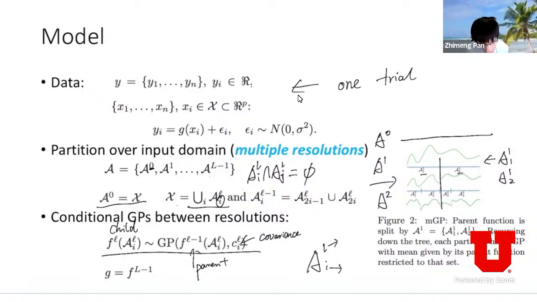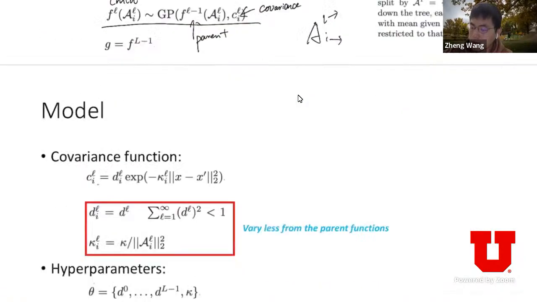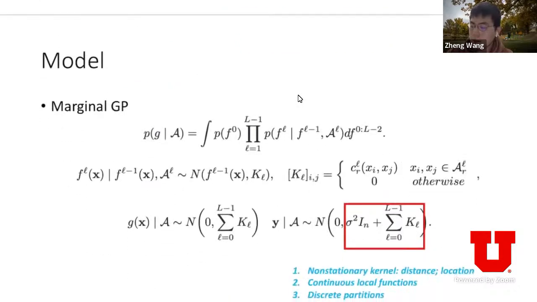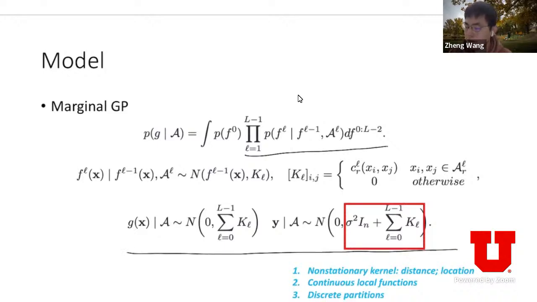Then how many GPs are in the final layer? Actually, by integrating out the intermediate levels here, you can have a marginal Gaussian process, and the kernel function can be described in this way. Okay.